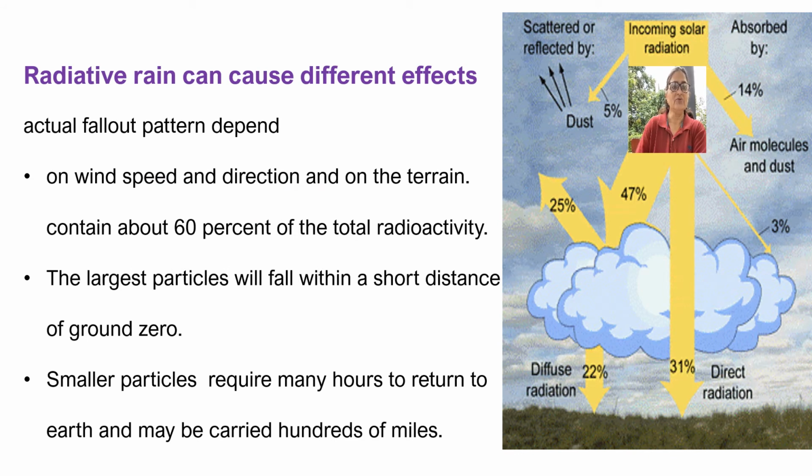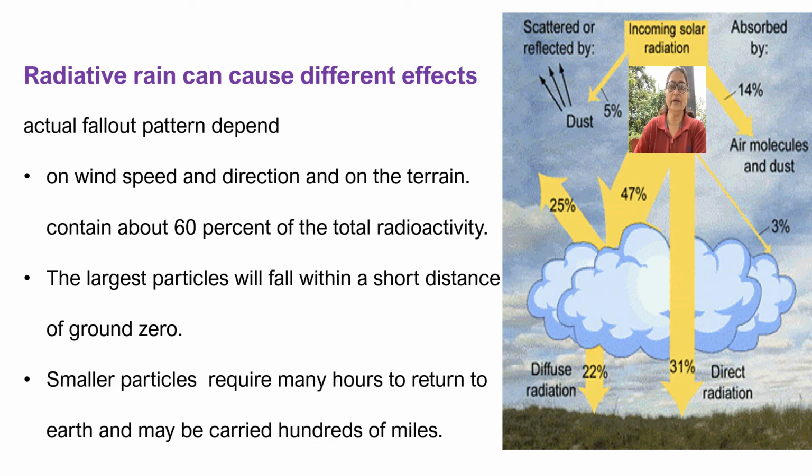The actual fallout pattern depends on wind speed and direction and the terrain. The largest particles will fall out earlier near ground zero, and the small particles spin and spin again and again around our atmosphere and around our planet.